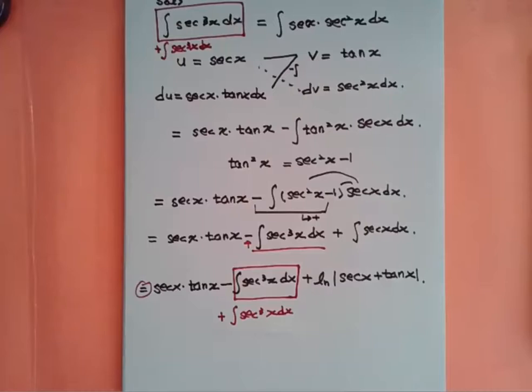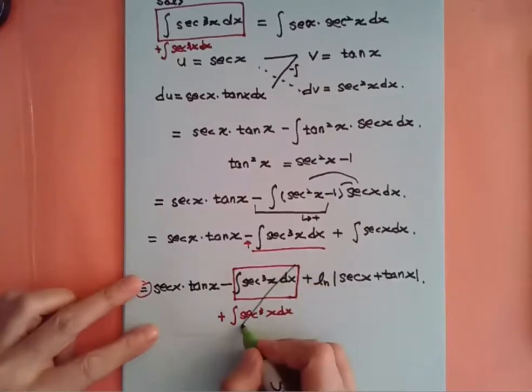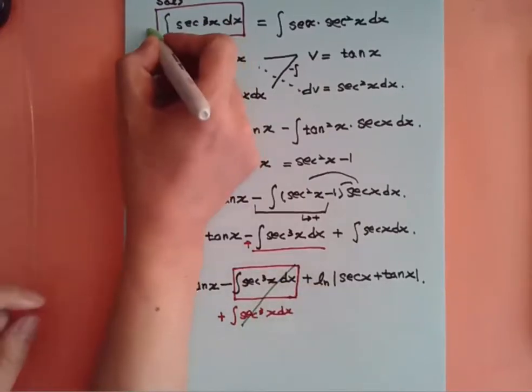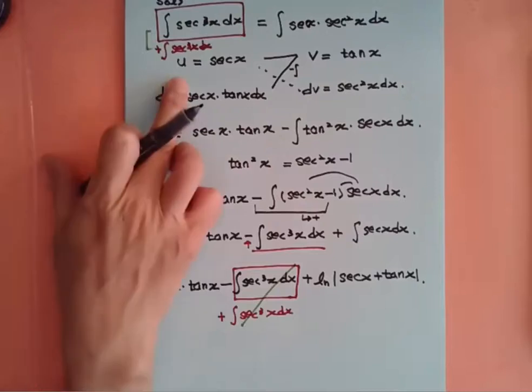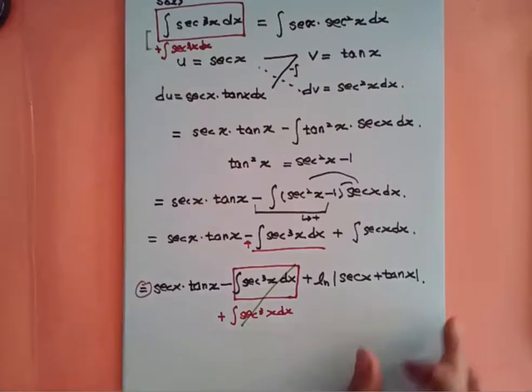Then apparently these will cancel each other. On the left side, the integral of secant cubed becomes 2 times the integral of secant cubed x dx, right?